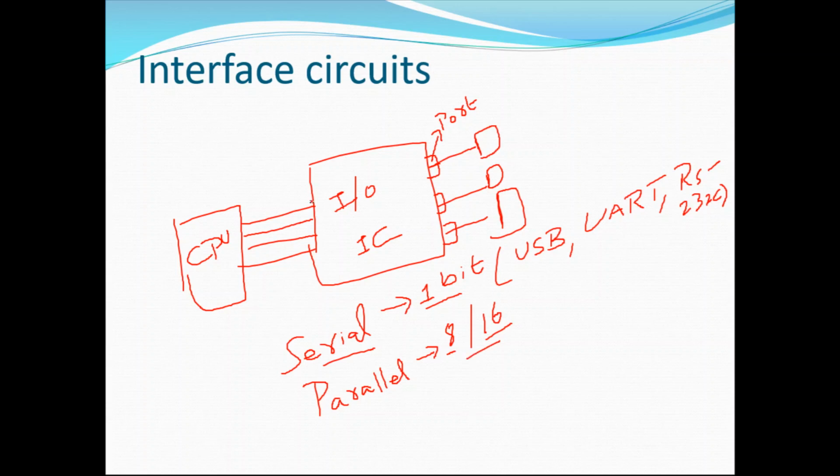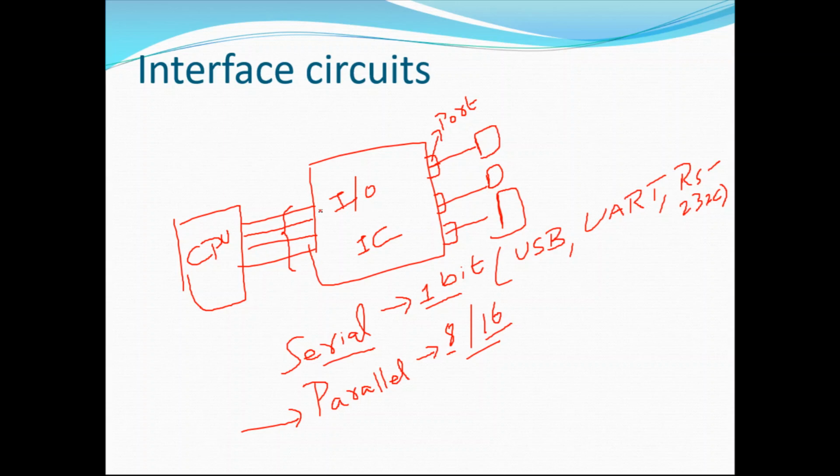Now, when you come to the CPU end, the CPU will always transmit data in parallel. It won't transmit data in a serial style. That is, it will transmit either 8 bits or 16 bits at a time. For a parallel device, that is not a problem, because the CPU is transmitting the data in parallel and the device also wants it in parallel, so they communicate directly.